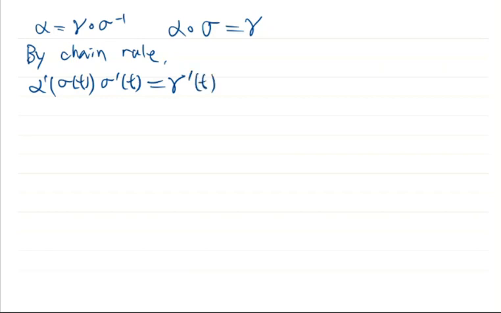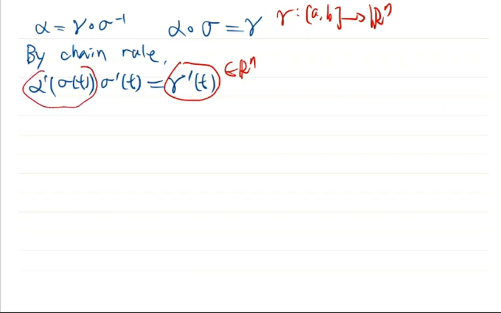Then you should not forget that this is a vector in Rn, because gamma maps from AB to Rn, and this is also a vector in Rn. Only the derivative of sigma is a real number. Whenever you write a quantity, you should know whether it is a real number or a vector.